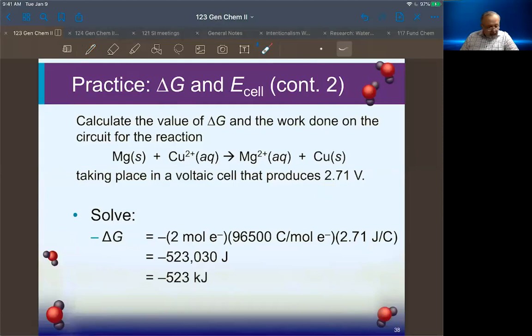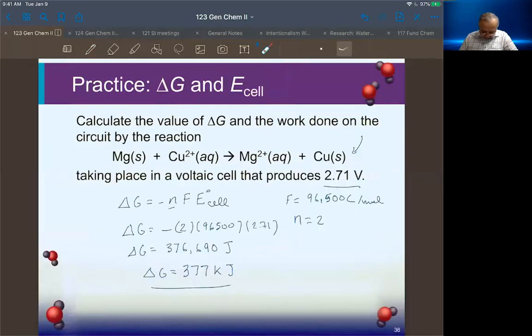Why did I get 300? What did I do? 2 times 69. Oh, I put 69 rather than 96. Yeah, I confuse my numbers all the time. So this is correct. This is 96, and I put 69 when I did my calculation. So let me redo it again. 2 times 96,500 times 2.71.